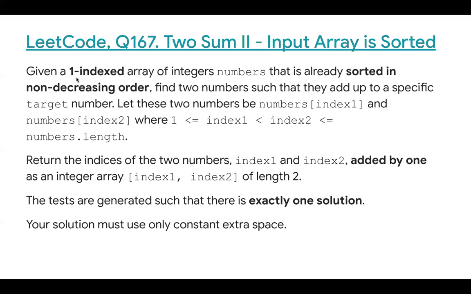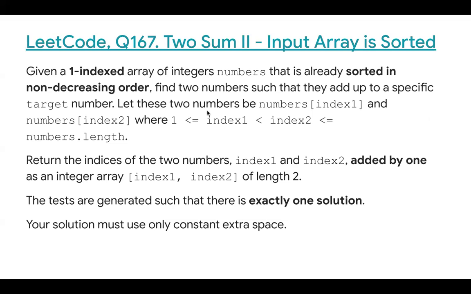Okay. So we want to find 2 numbers such that they add up to a specific target number. If those 2 numbers are denoted as numbers[index1] and numbers[index2], the sum of those 2 numbers must be equal to target. So we want to return the indices of these 2 numbers, index1 and index2. Again, don't forget to add 1 to those indexes before we return them.